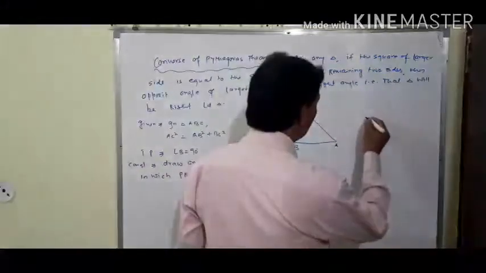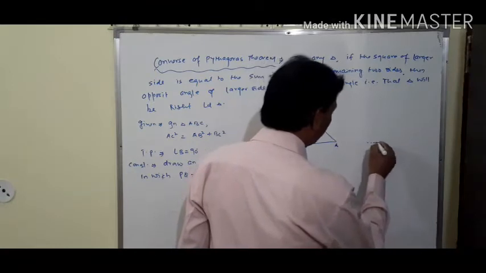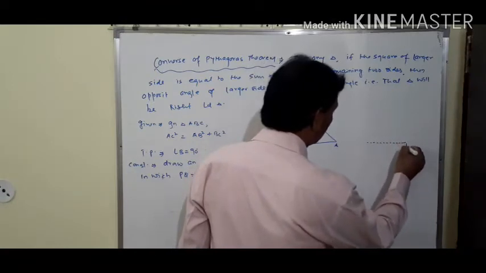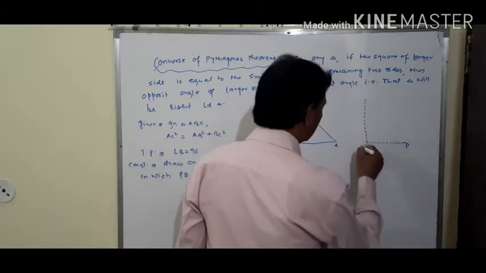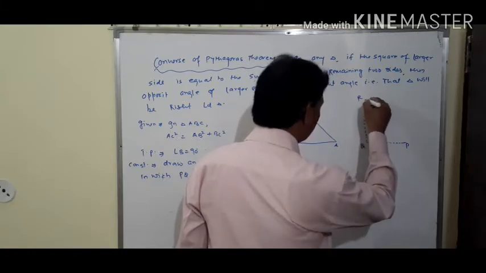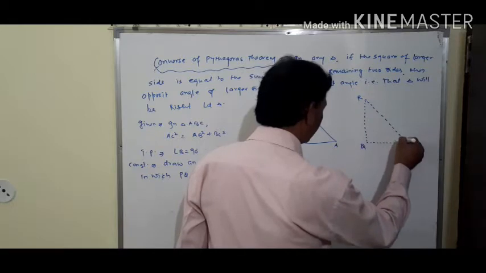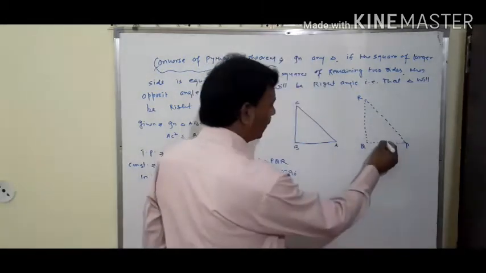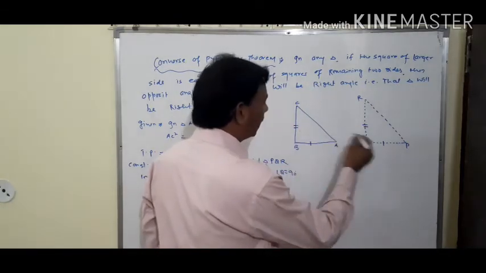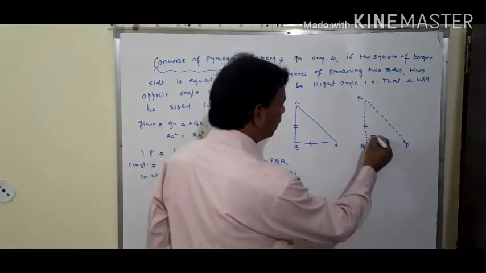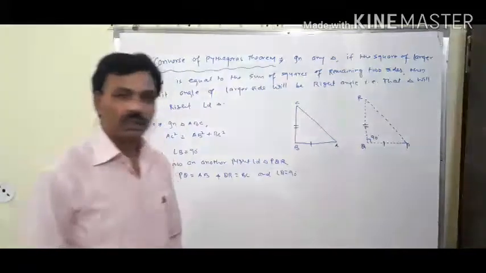That means we draw another triangle PQR in which PQ equal to AB, QR equal to BC and angle Q equal to 90 degree. This is the construction.